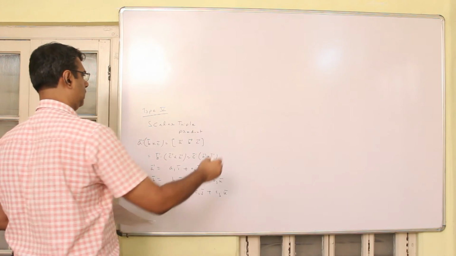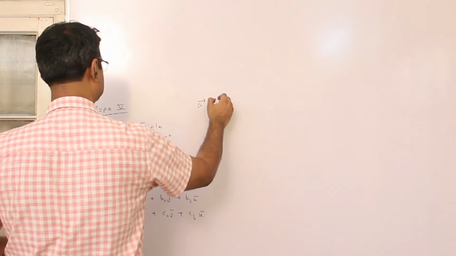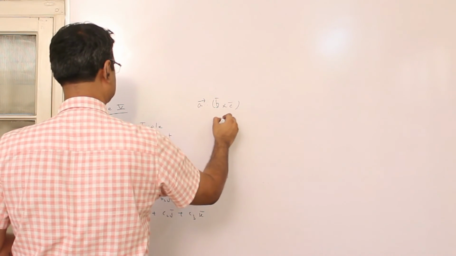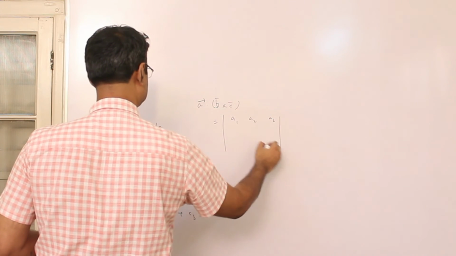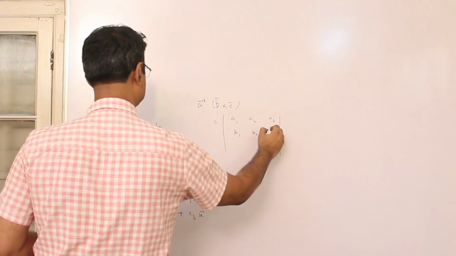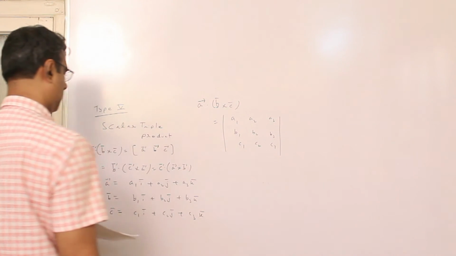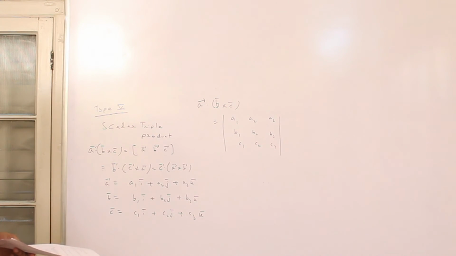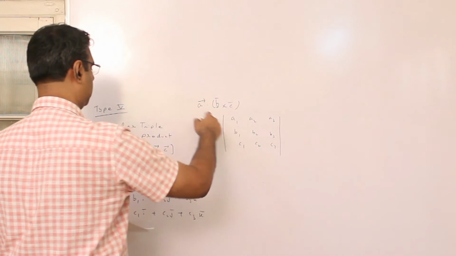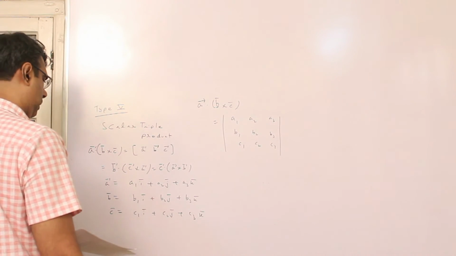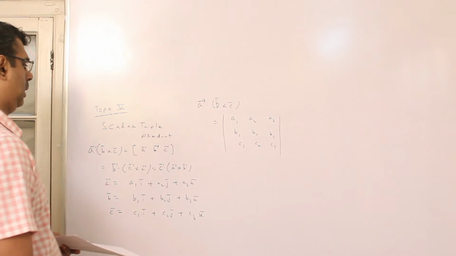In that case, scalar triple product is given by determinant A1, A2, A3, B1, B2, B3, C1, C2, C3. So this is the value of scalar triple product using orthogonal triad form.